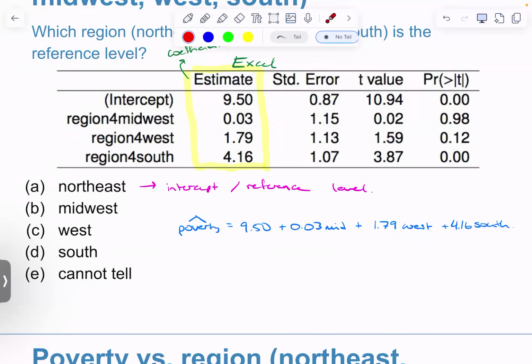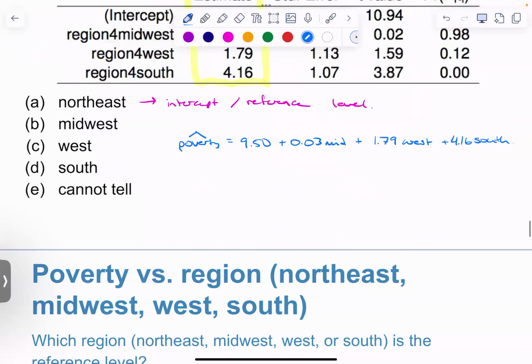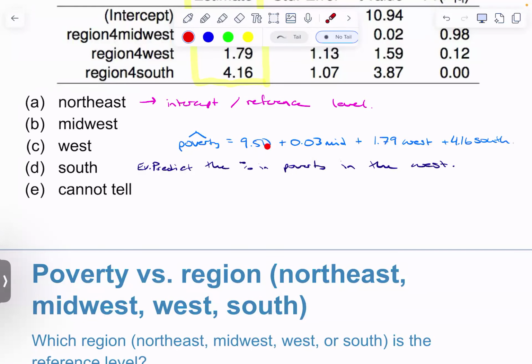What if you had to predict the percentage in poverty in the West? I'll do an example. Predict the percent in poverty in the West. A state can only be in one of these regions, right? So this intercept is unaffected; that's our reference level, and all the other ones are relative to it.